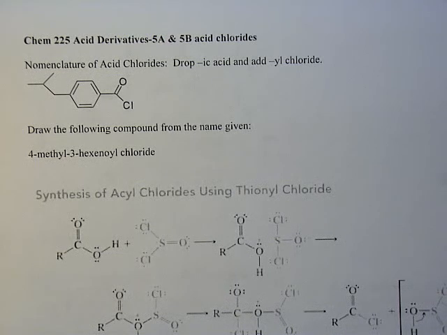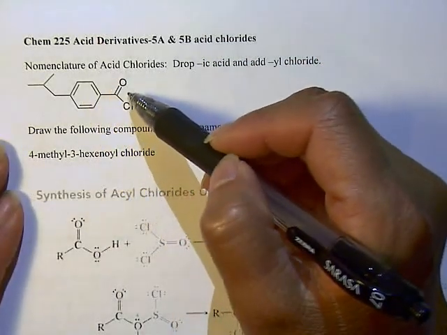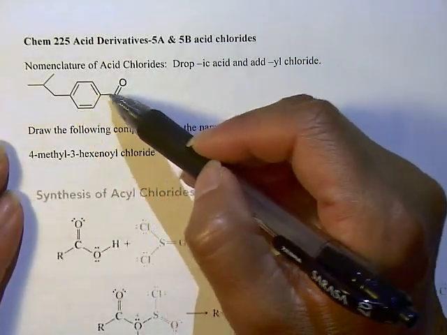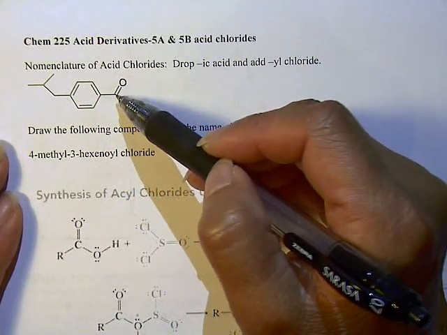So we'll start with the acid derivative, acid chloride. We're going to start with the nomenclature, and it's very simple for a lot of these: you look at all these acid derivatives as derivatives of carboxylic acid. So for example, the parent carboxylic acid is the benzene with the acyl OH, which the chlorine is the derivative of.